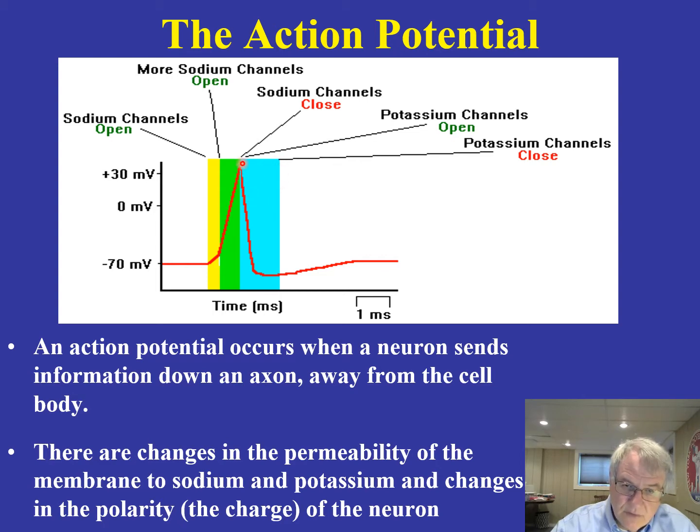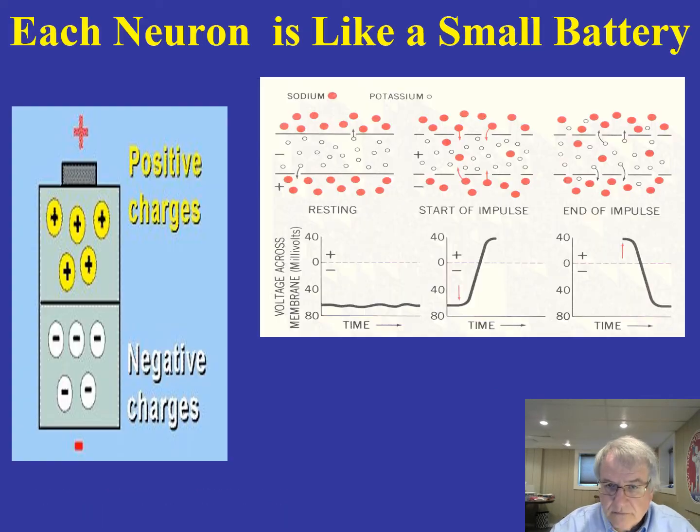So that's going to assist the neuron charge now going from this positive state back to its resting state that you see right here. So again, two fundamental changes: in the permeability of the membrane to sodium and potassium, and changes occurring in polarity, meaning the charge of the neuron.